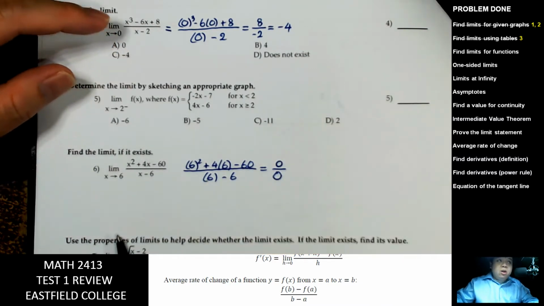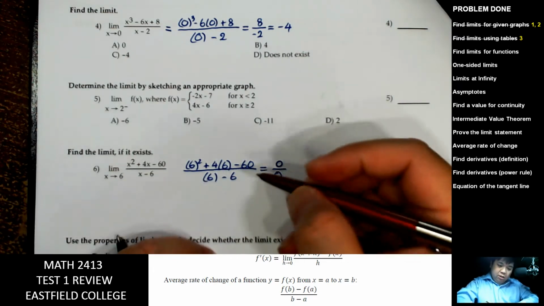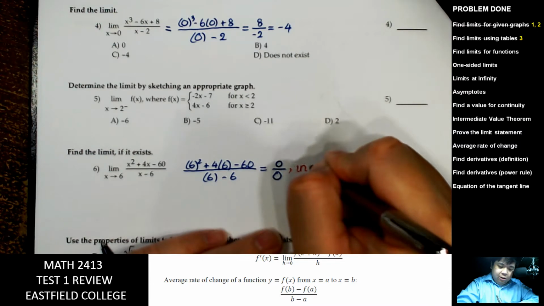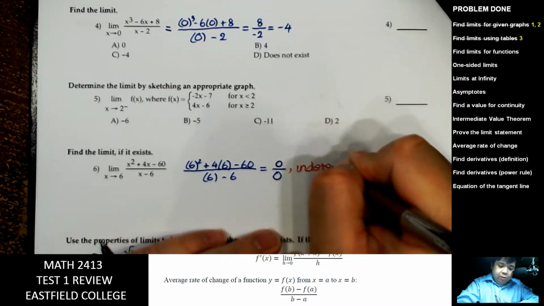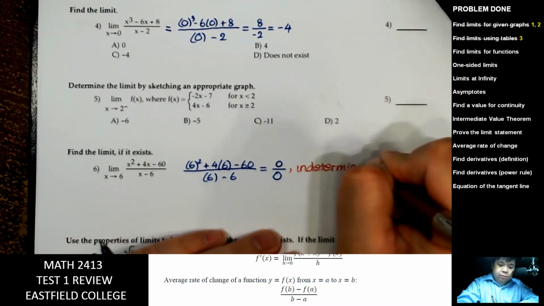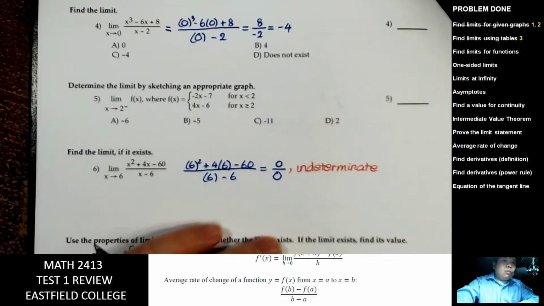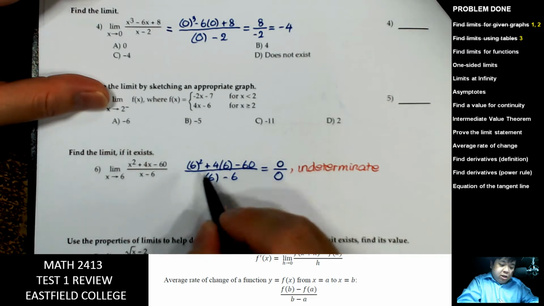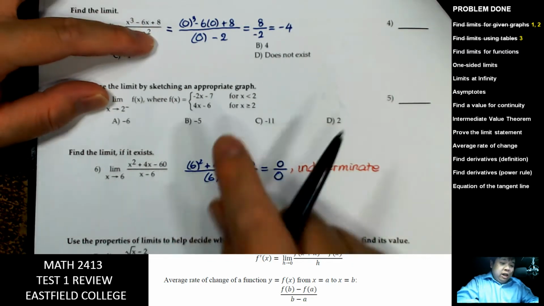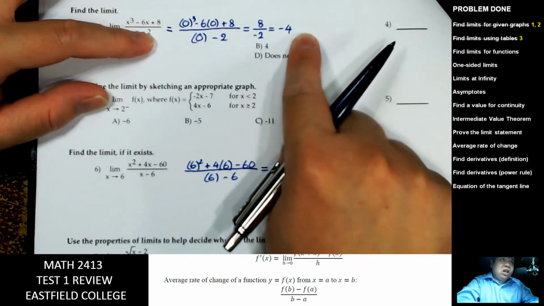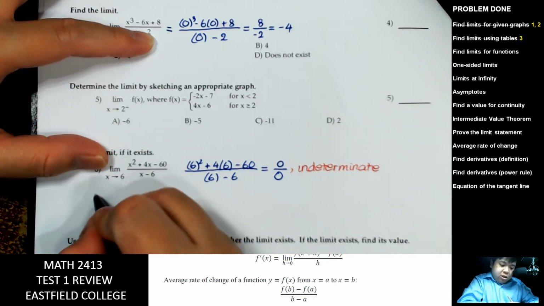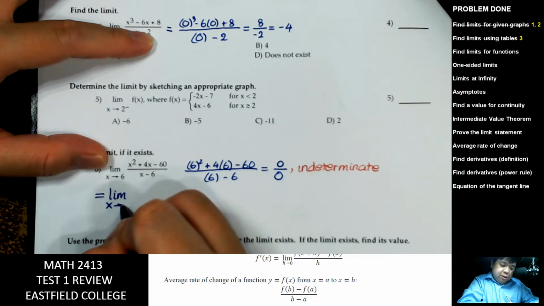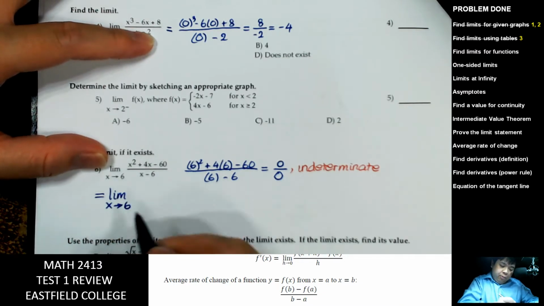And 0 over 0 is indeterminate. And so that is not the answer. So we do not write the equal sign. If it is equal to a nice number, we make it equal to. If it is not, just try something else.